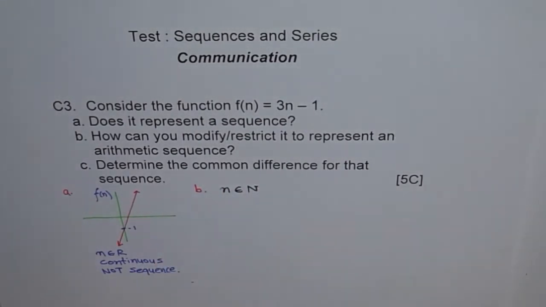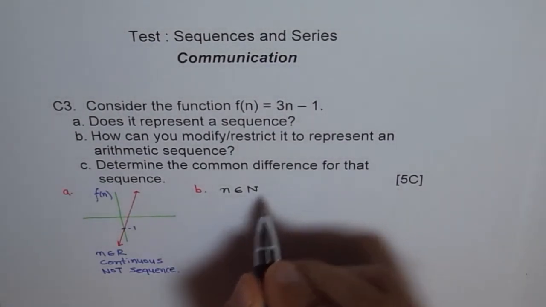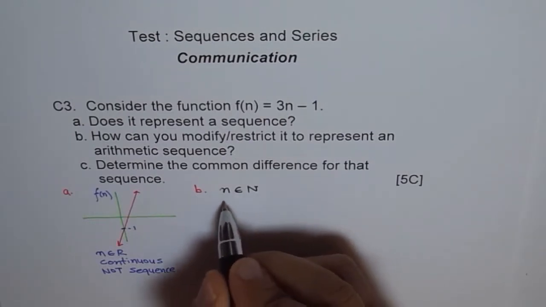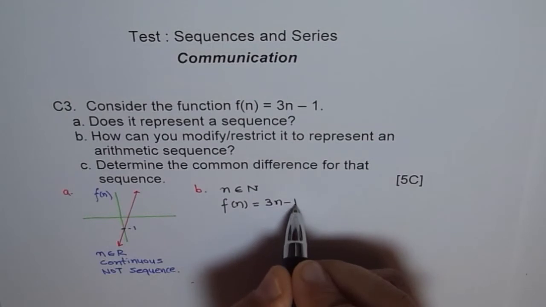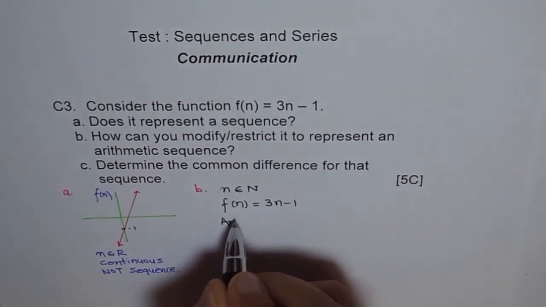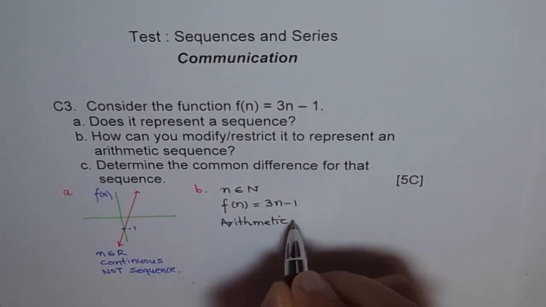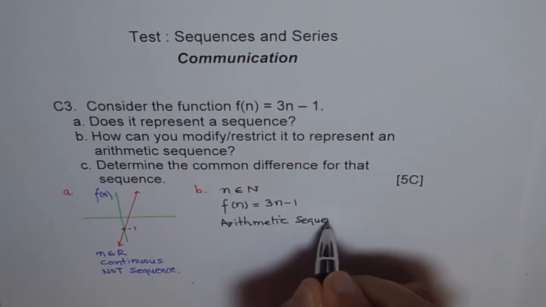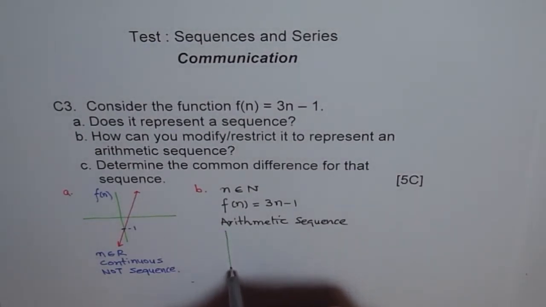In that case, f of n equals 3n minus 1 becomes a sequence, and this sequence is an arithmetic sequence. If you have to sketch it, how will you sketch this one? Well, in this case, it will be sketched like this.